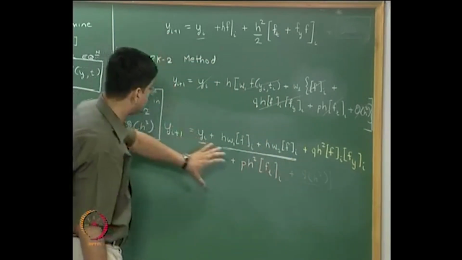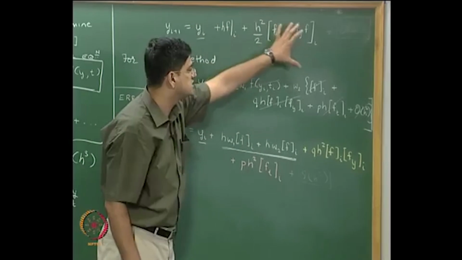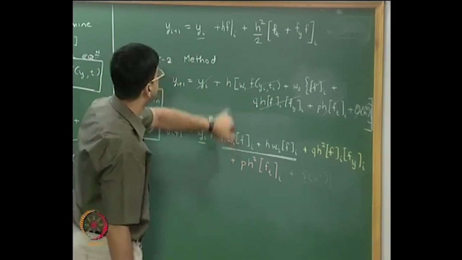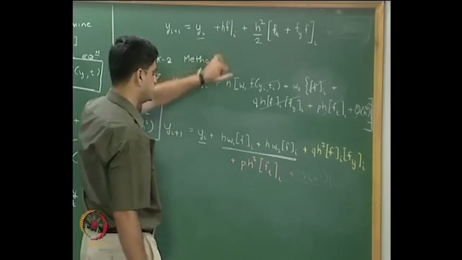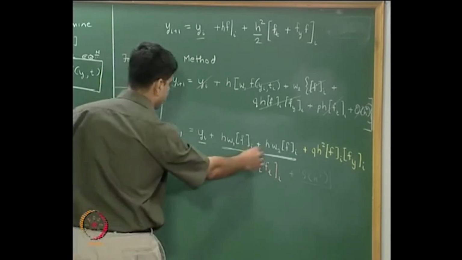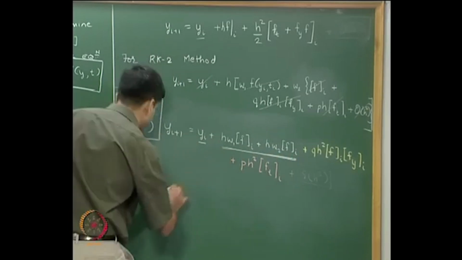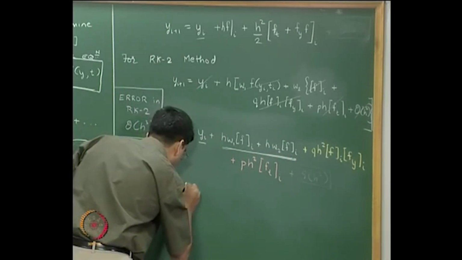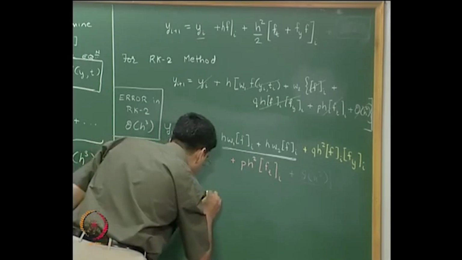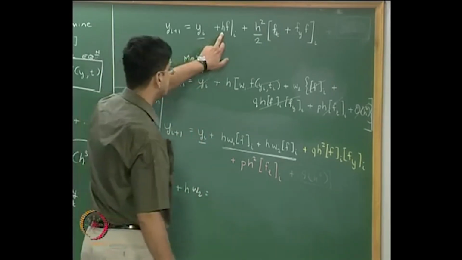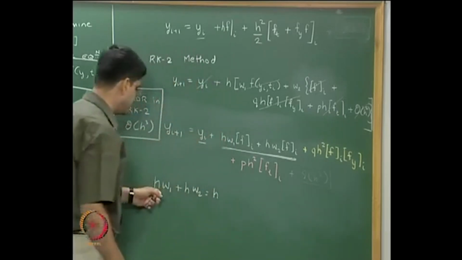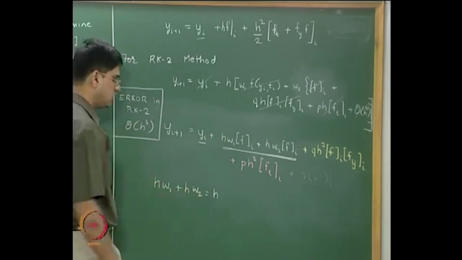So for this expression to represent closely the approximation that we get using the Taylor series expansion, the coefficients over here have to be the same as the coefficient over there. So for the white color guy that we have over here, the coefficient is going to be h multiplied by W1 plus h multiplied by W2, and that is going to be equal to h. Okay, so that is the first equation, W1 plus W2 equal to 1.